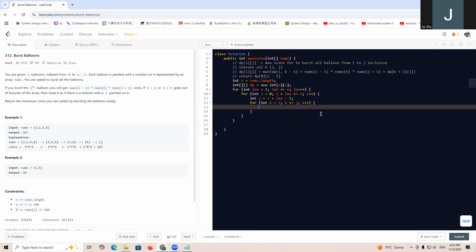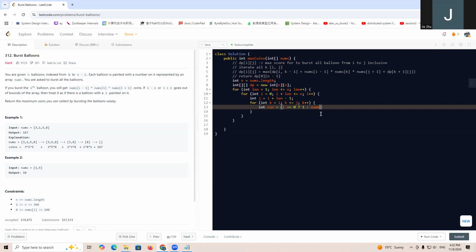We'll add this scope. We'll have left, middle, and right. So we'll have the middle part first. If this is I equals 0, then it is 1.